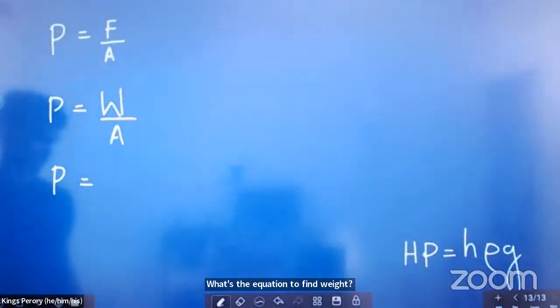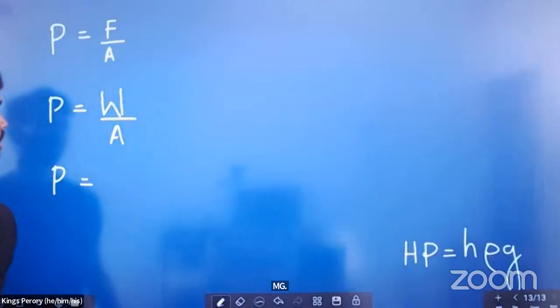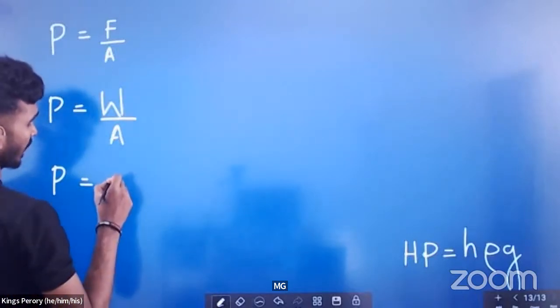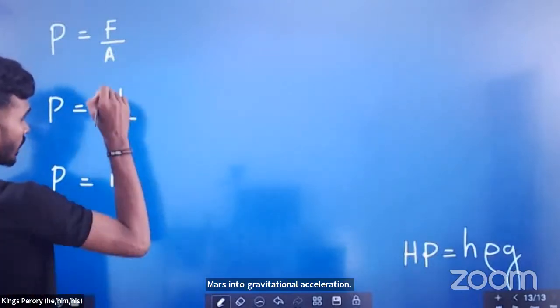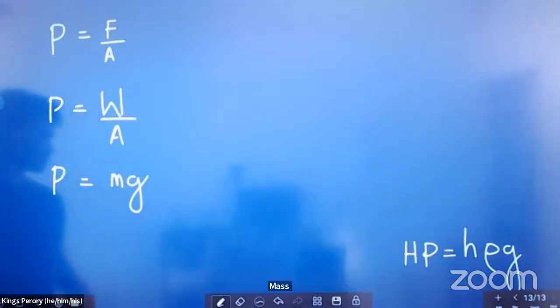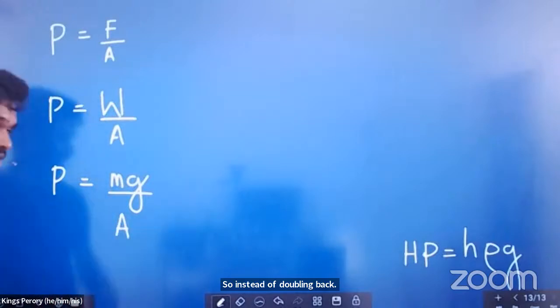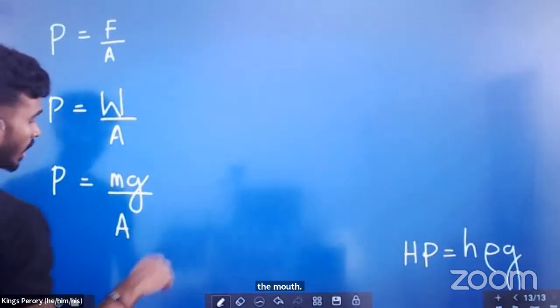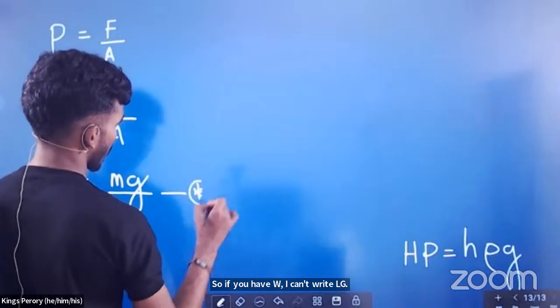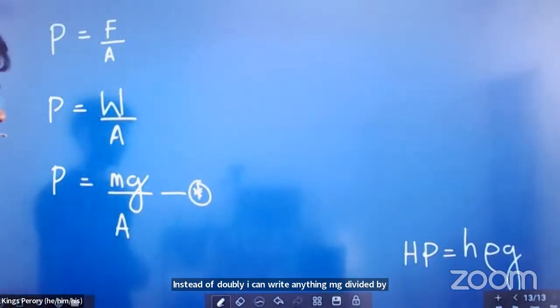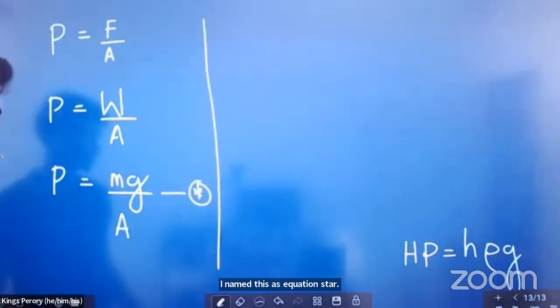Mass into gravitational acceleration. So instead of W, I can write mg. mg divided by area. I'll name this as equation star. Right. Keep that aside now.